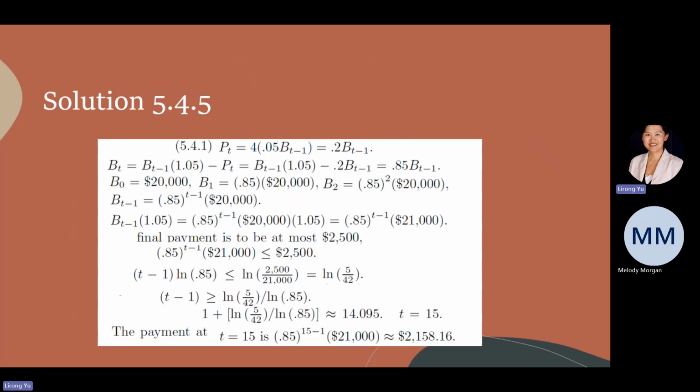With that relation together with BT equals BT minus 1 plus I times minus PT, that gives us the relation that every balance will equal 80% of the previous balance. So the balance will be in a geometric progression, and the balance will get smaller and smaller as time goes on. BT equals 0.8 of BT minus 1. This actually means as time gets bigger, the balance gets smaller, which makes sense. The balance is supposed to be decreasing.